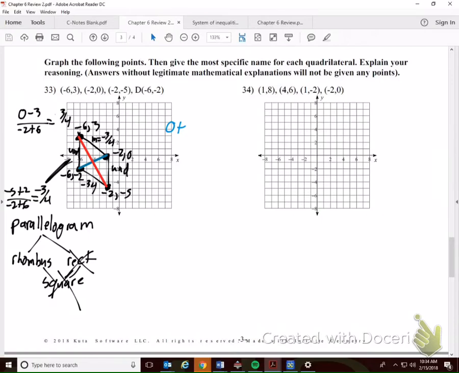Because when we look and compare the slopes of the sides, they're not negative reciprocals of each other. Slopes of perpendicular lines are negative reciprocals. Here we don't have negative reciprocals. So what we need to do is find the slope of the diagonals, and the slope of the diagonals will determine whether or not it's a rhombus. Remember, a rhombus has perpendicular diagonals.